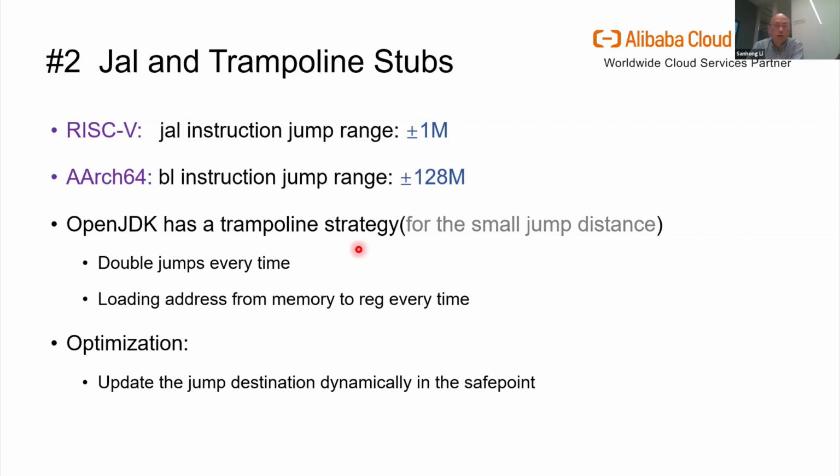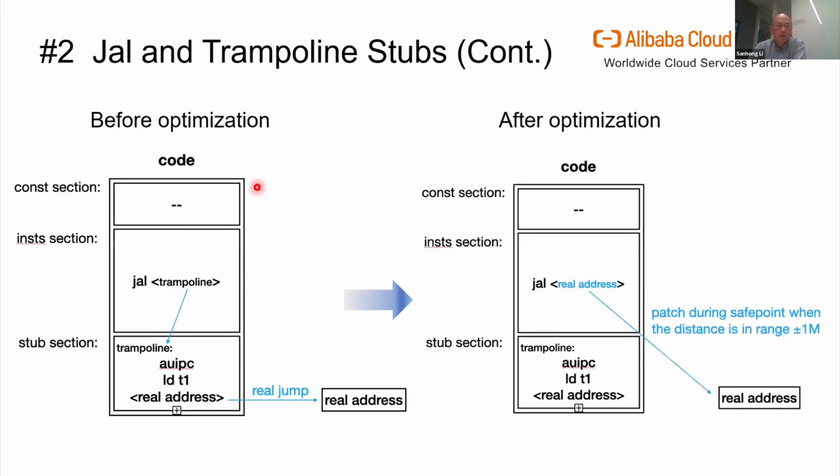When we call a method, we first jump to the trampoline, load the real address of the target method, and then do a second jump to the real address. So it is not efficient, and the performance is impacted by this trampoline. So we try to do some optimization for this case.